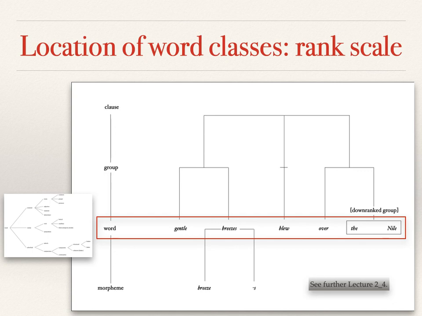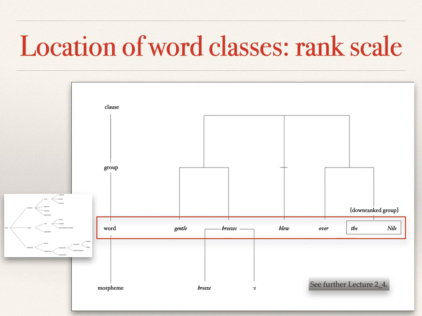So if you take this example, which comes from a traditional folktale, gentle breezes blew over the Nile. You can classify the words: gentle, adjective; breezes, noun; blew, verb; over, preposition; the Nile, the determiner, Nile, noun.